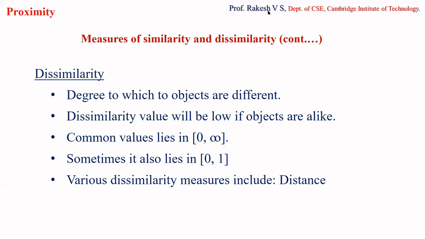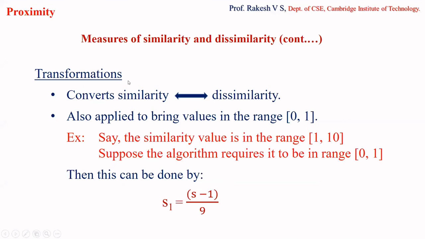The next topic is transformation. This is similar to the variable transformation we have learned, but very specific to similarity and dissimilarity measures. When I say transformation, it often refers to how you convert a similarity measure into a dissimilarity measure, or vice versa, from dissimilarity to similarity.